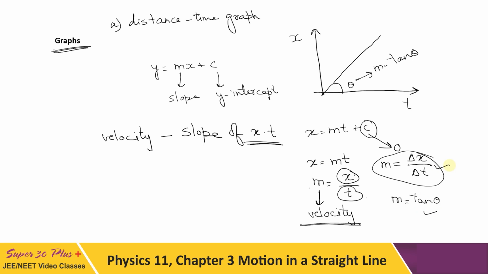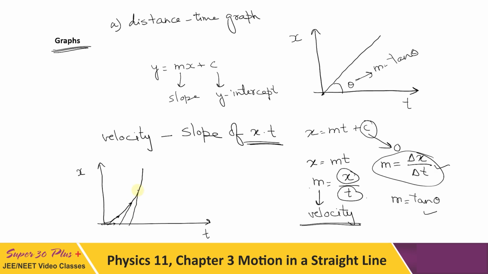If your graph is like this, it is not a straight line, it is a curved line. So position is not changing linearly with time. What does this graph interpret? Here if you see the slope, first it was 0, then it started increasing.